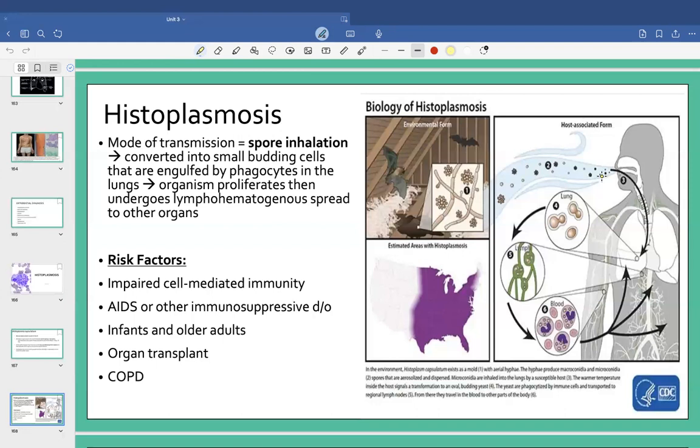So it's just endemic to those areas. Endemic usually means something specific about that geographic region, that climate, that environment that is making that more likely.